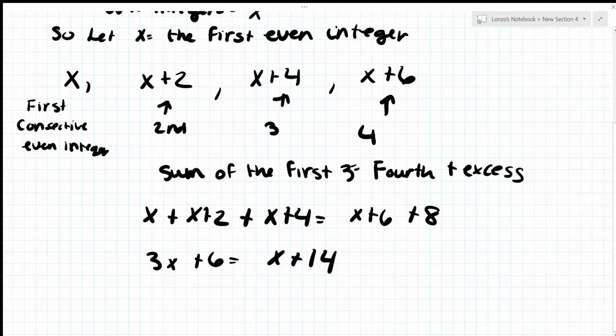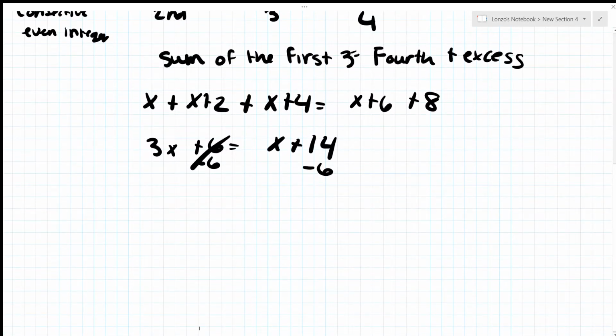Okay, so let's solve. My goal is to solve for x. So let's get all the x's on one side and all the numbers on the right. Let's move this 6 over to the right, so I'm going to subtract 6 from both sides. So we have 3x equals x plus, 14 minus 6 is positive 8.